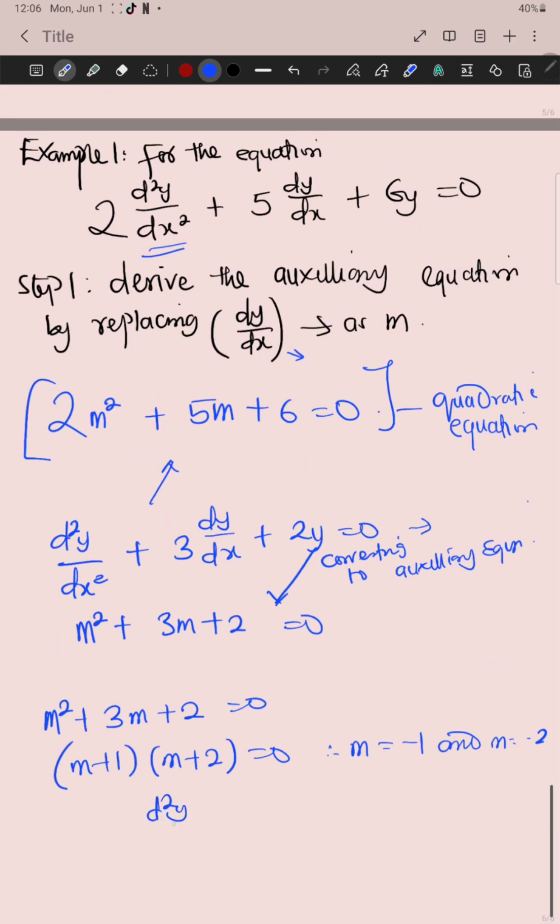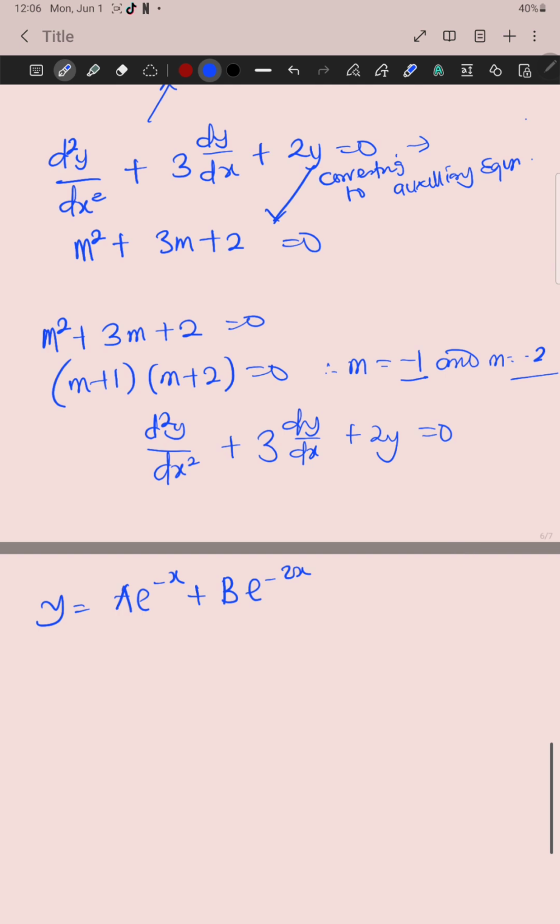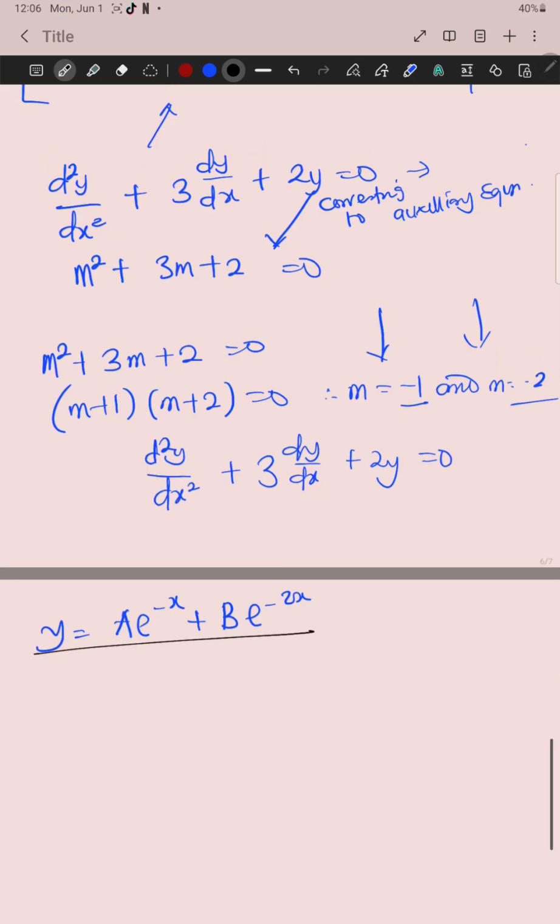So d squared y over dx squared plus 3 dy over dx plus 2y is equal to 0 means that y is equal to ae to the power of minus x plus be to the power of minus 2x, which is this and this. So you have to derive from the auxiliary equation. You now factorize and get these values of m. Once you get the values of m, you can now substitute them into this. Is that clear now? So that is what we are trying to say.